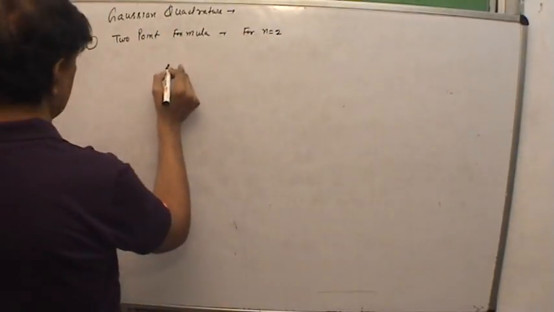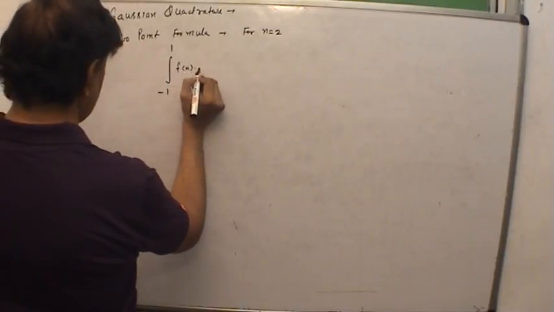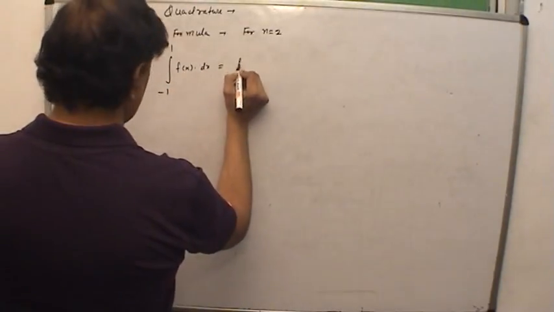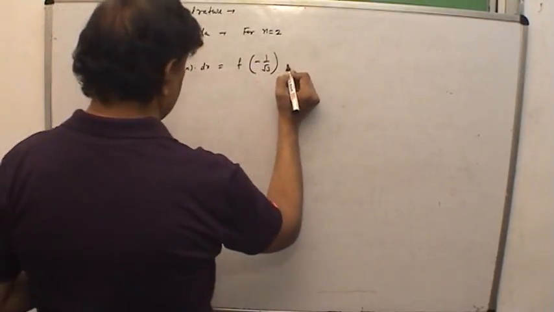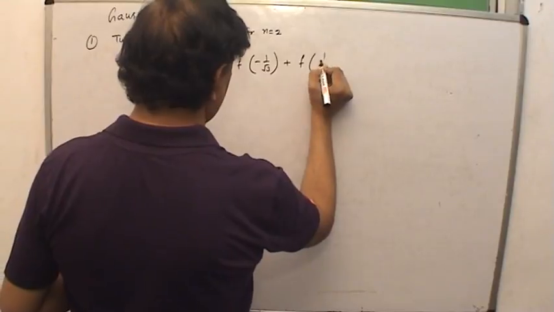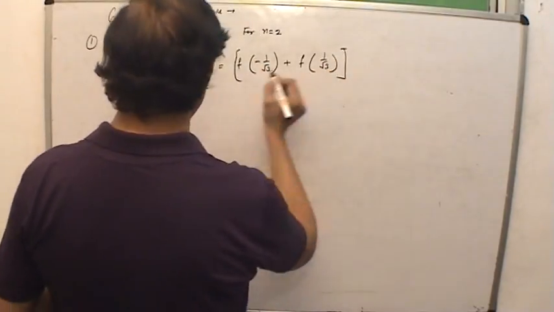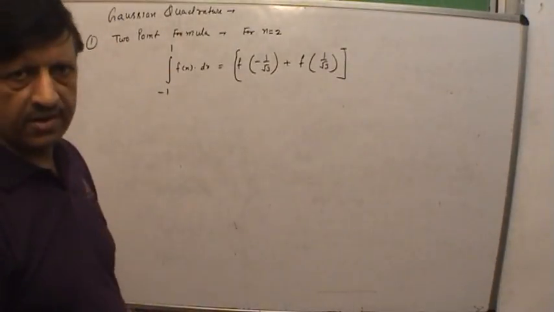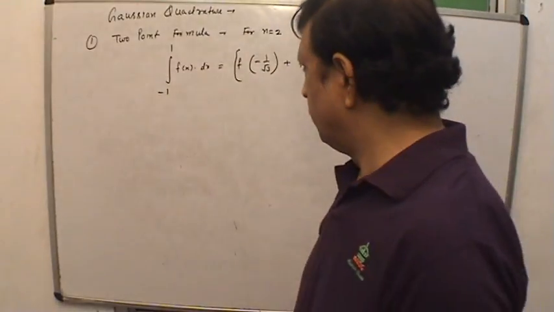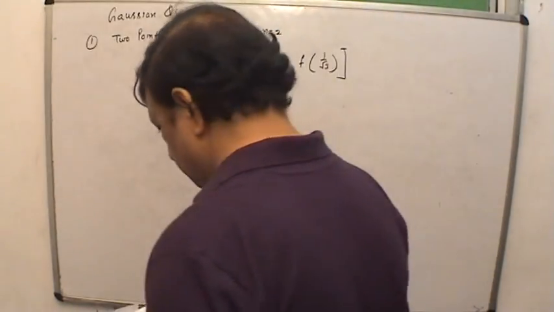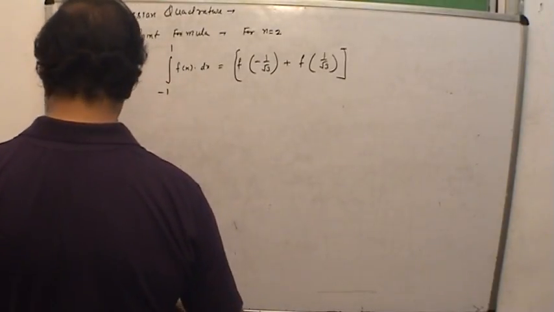We use the formula integral from -1 to 1 of f of x dx is equal to f of -1 by root 3 plus f of 1 by root 3. It is the standard result, and these limits are standard limits provided with the function. It is the Gaussian quadrature with the 2-point formula.